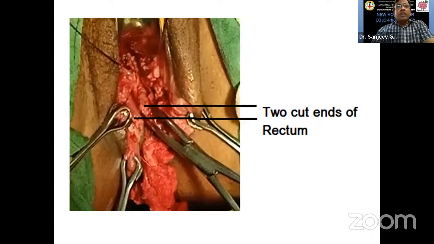and from this closure, or even if it is a complete perineal tear or just the sphincter injury, you have to start repairing it from down above. So you start repairing the rectum first, and you start from the most distant end and come towards the anal canal.